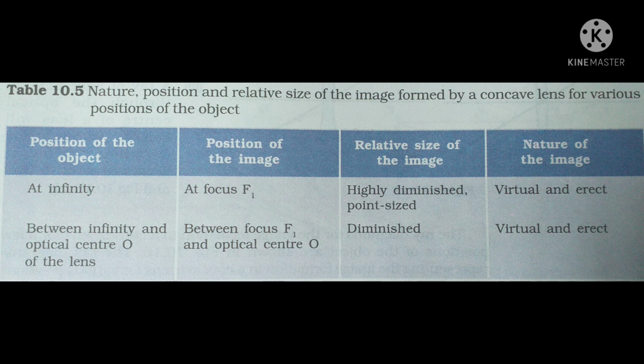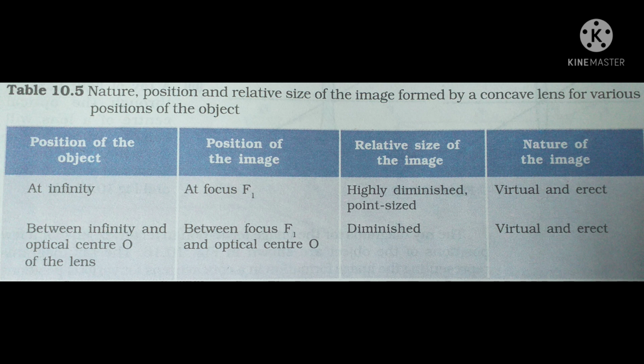Okay, first one, if you keep the object at infinity, the position of the image will be at focus f1. Clear? At focus f1 we will get the image and the size of the image is highly diminished, point size, सानो टिक्का मात्रै पाउँदैछ, that is point size, and the nature of the image is virtual and erect, which cannot be obtained on the screen.